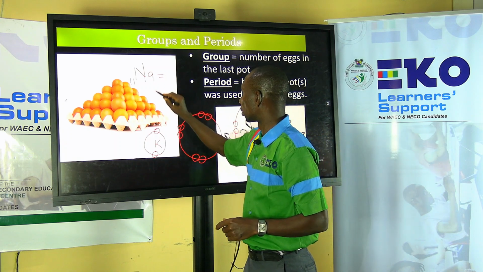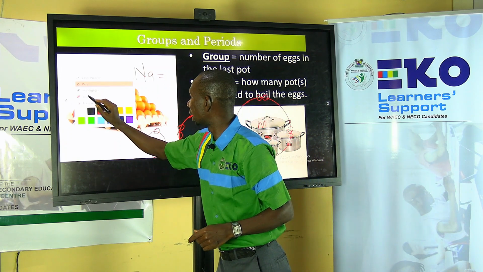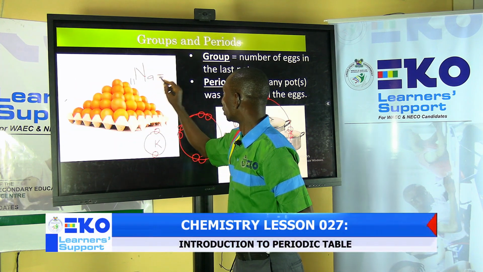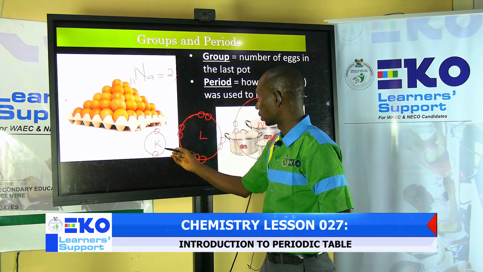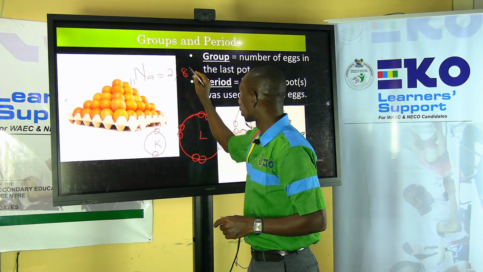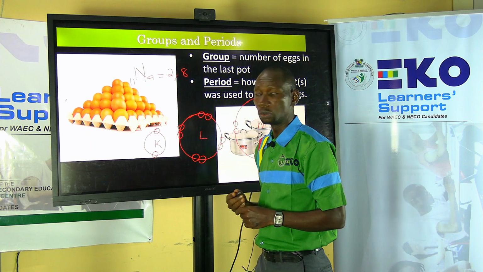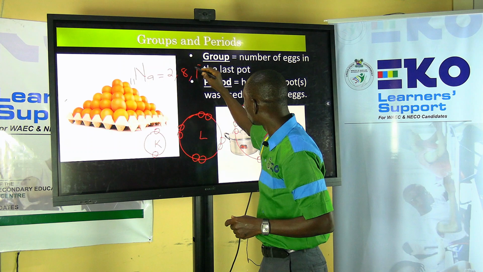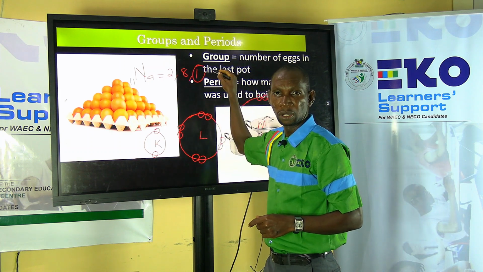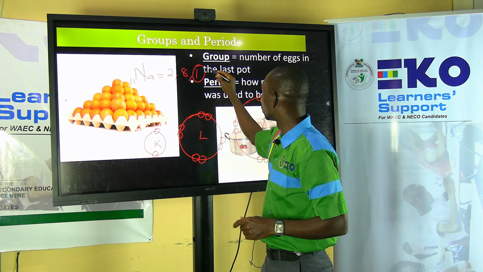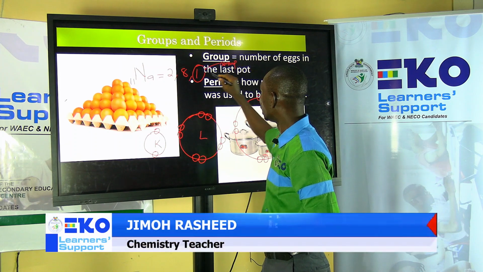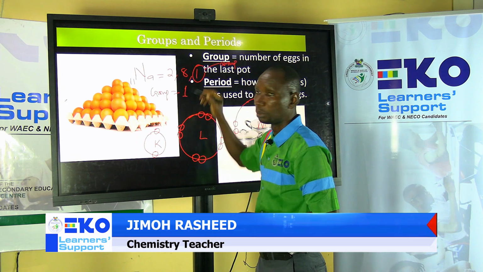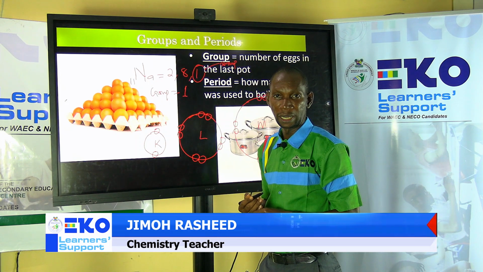If we share the electrons of sodium, the first shell will contain 2, the second will contain 8, and of course the third will contain 1. Now, the number of electrons on that last shell, what we call the outermost shell, represents the group. So in this case, sodium belongs to group 1. Why? Because it has 1 valence electron.